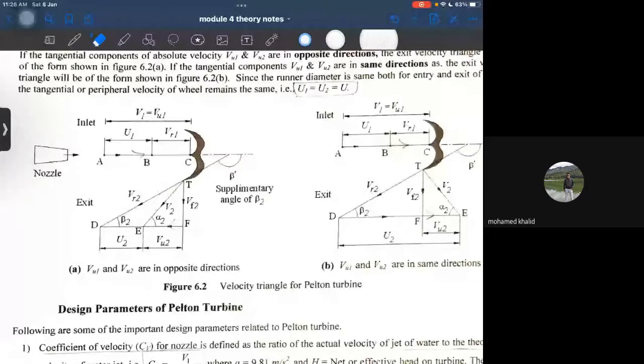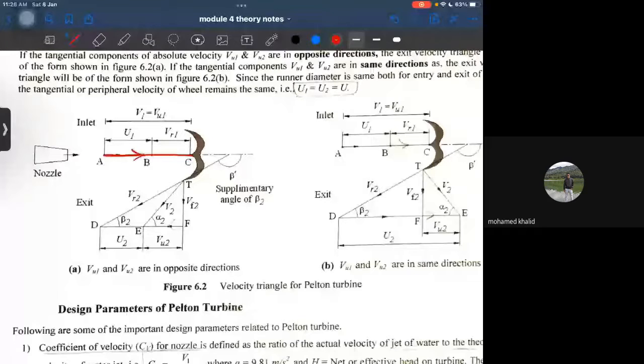No. But if I say there is a velocity triangle at inlet, it is just one single line. Hope you are seeing it. A, B, C. So this particular single line is the velocity triangle for the inlet. Understood? We cannot see a complete velocity triangle. Just a single line will act as a velocity triangle in case of an inlet.